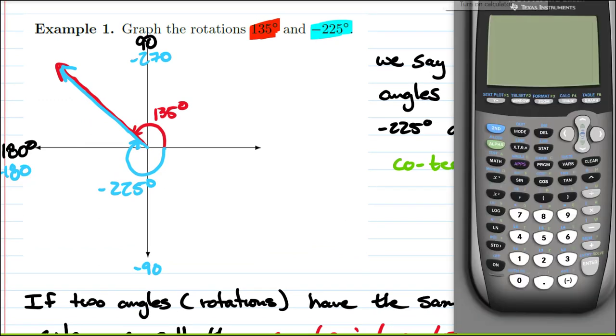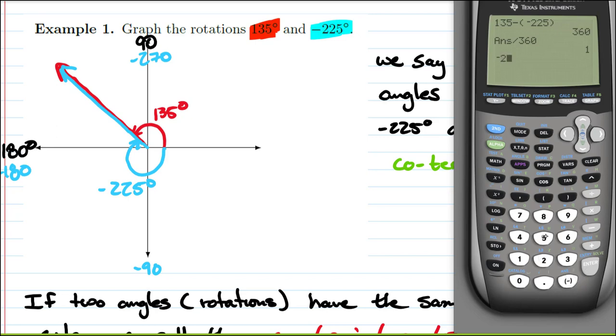So if we grab our calculator, we can check this. If I go 135 and I take away from it negative 225, I get 360, which is obviously divisible by 360 one time, but it also works in the opposite order.